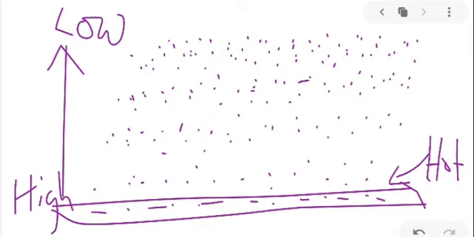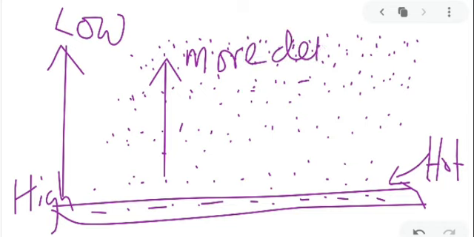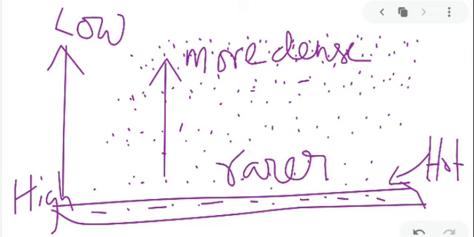So the optical density increases in this direction. It is more optically dense here, and less optically dense here, so we could call it rarer. Obviously, what happens to a light ray as it moves from optically dense to rare?